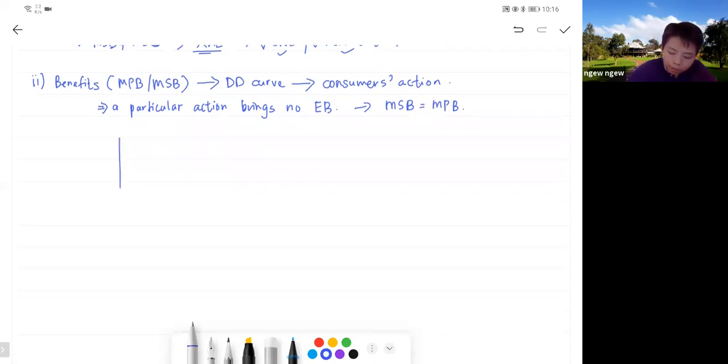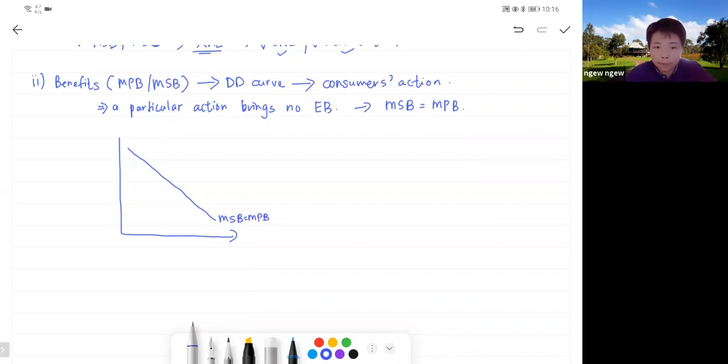So the diagram will be a downward sloping demand curve. In this case, we have only one demand curve, which we label as MSB equals MPB, no externality.